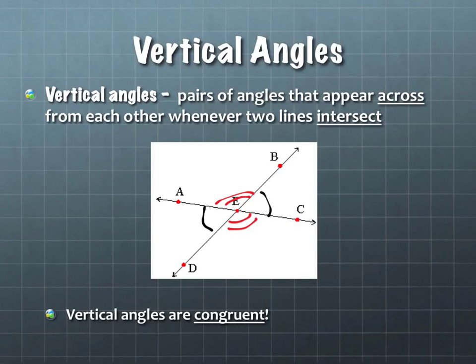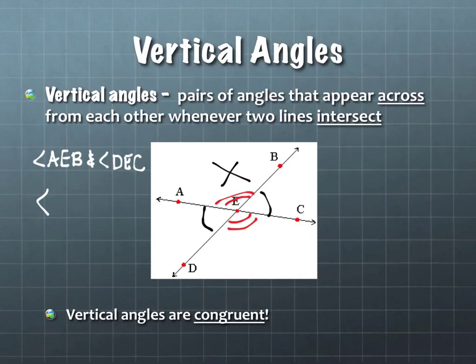So if we were to write these down, a reminder from last time or two class periods ago, we can talk about angle AEB. Angle AEB is right up here, which is its vertical angle pair. CED or DEC if you prefer, I'll write it DEC.